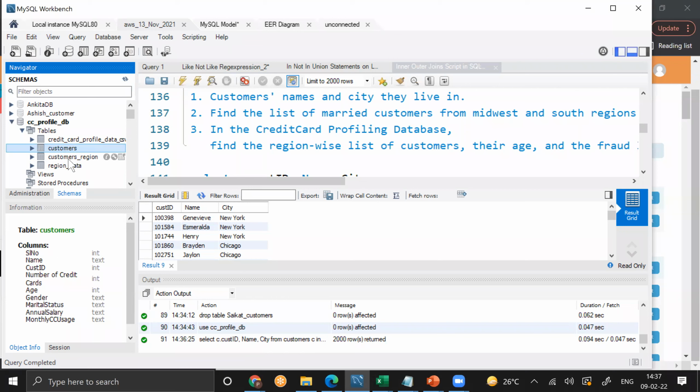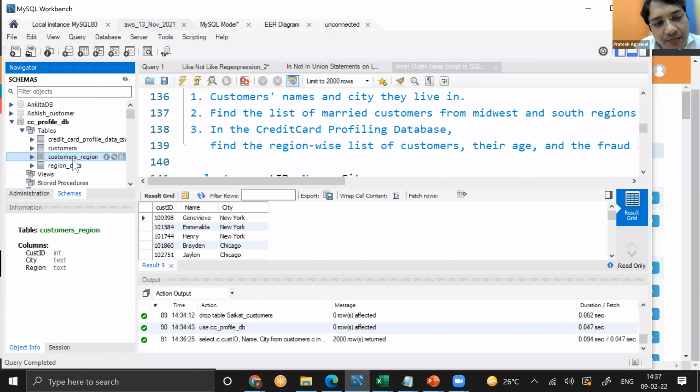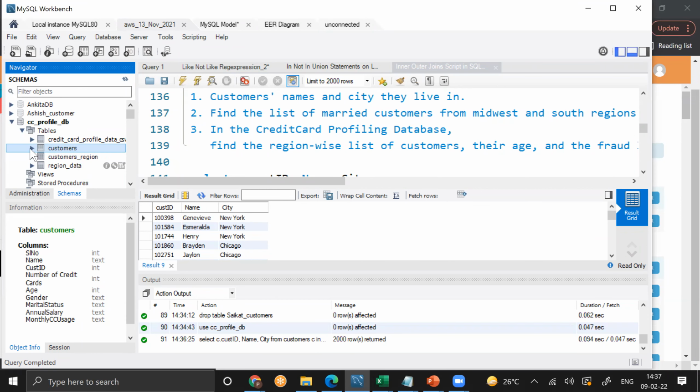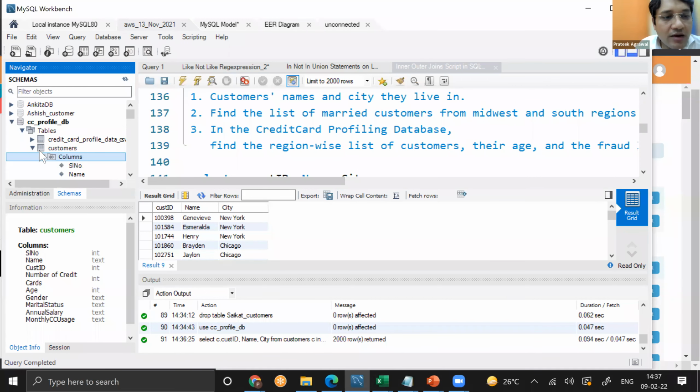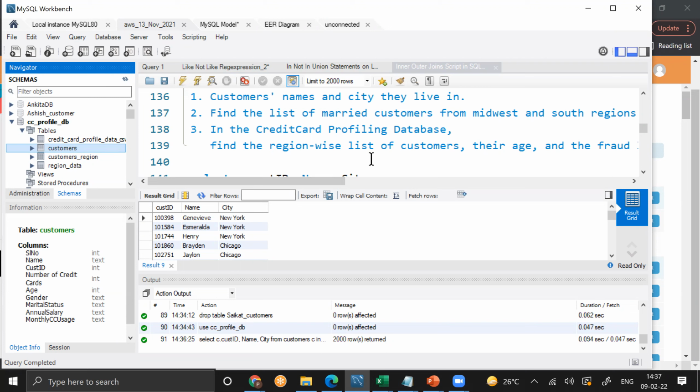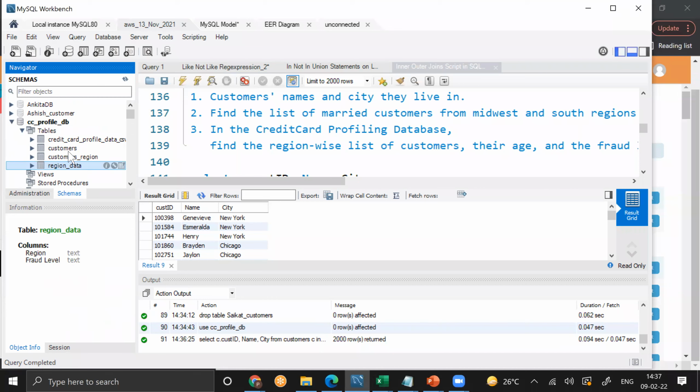Don't click on this. Click on the actual name. If you click on it, then it'll actually show you this. Here also you can see the columns, but then it just makes more levels. I think by default it is mostly on administration, so you'll have to go to schemas and then click on it. Okay, okay.